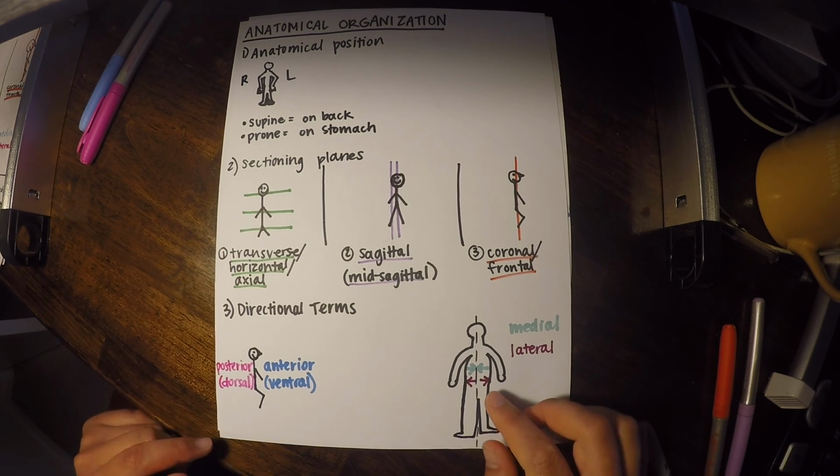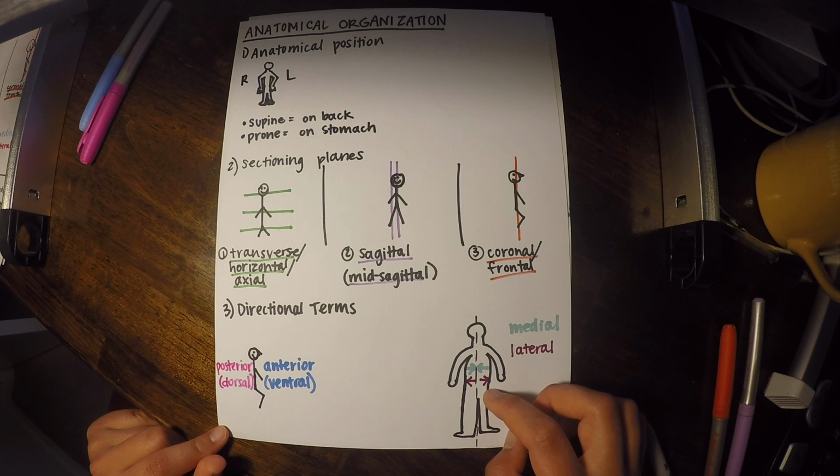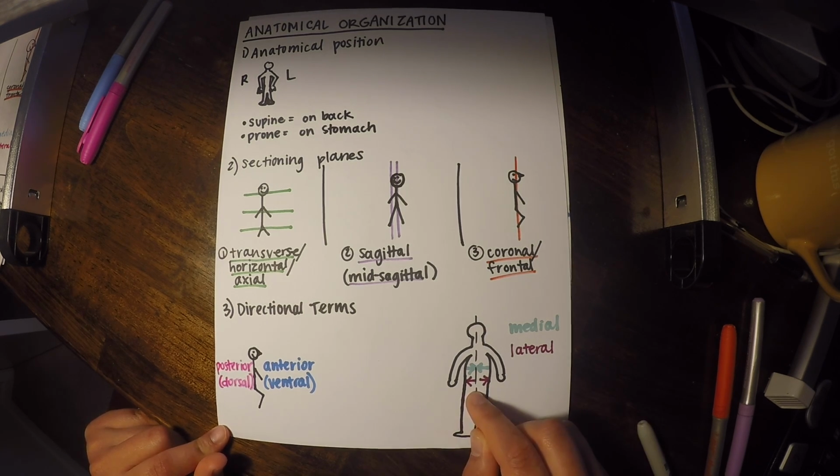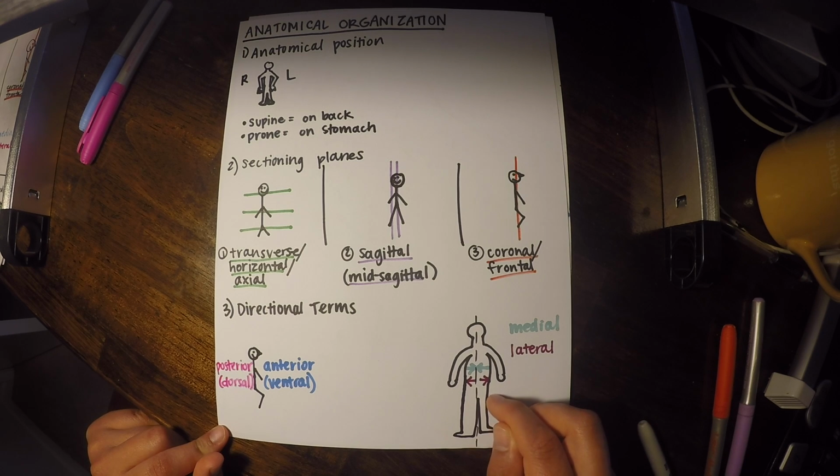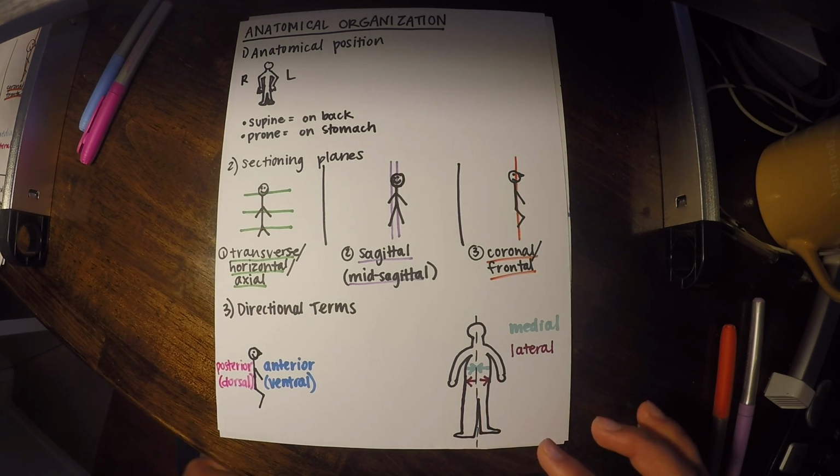But if someone has pain on the side of their hip right here, then let's say 2 weeks from now, they have pain in their groin. Oh, the pain went from more laterally to more medially. Okay, so it's always in reference to that midline.